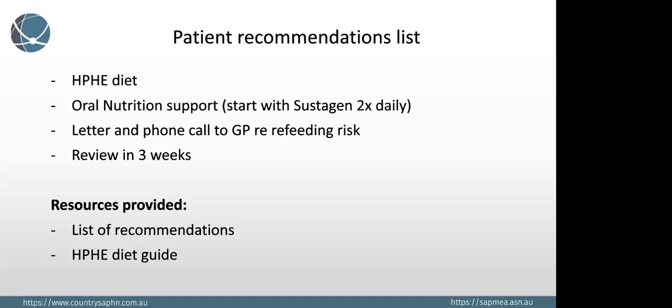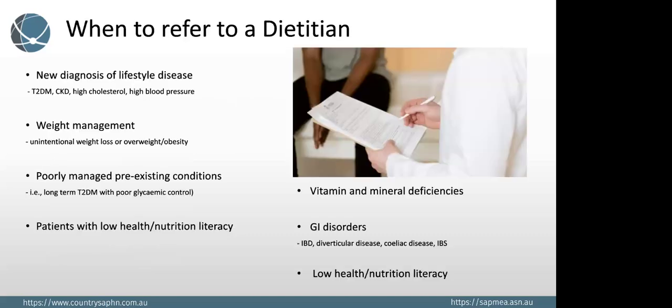Talk to the GP about refeeding, review in about 2-3 weeks just to see how she's tracking along. With diet, we don't see them super regular, but I could see her more regular if she's really at risk. So we can make that judgment call as well. And that would be the main management.